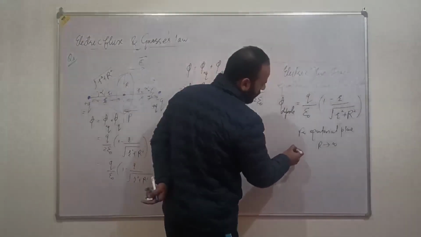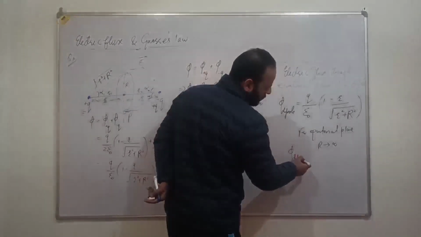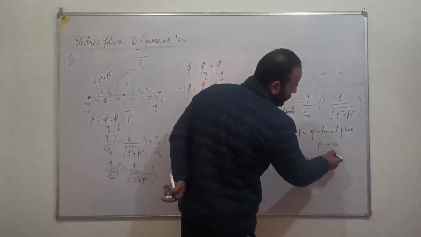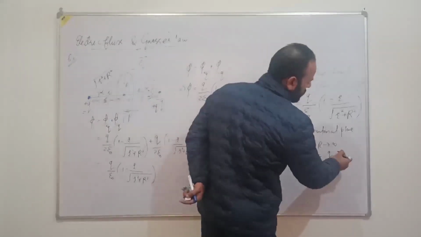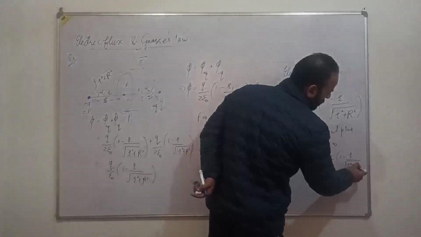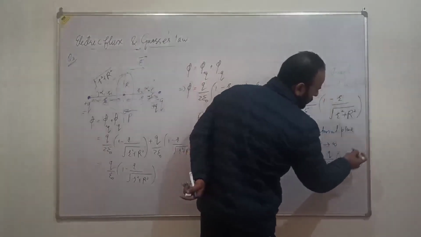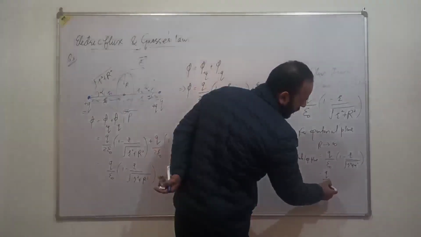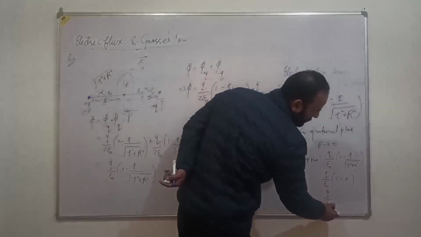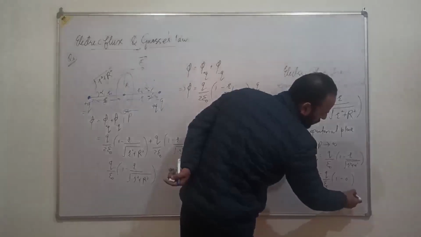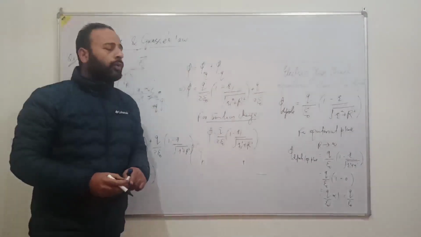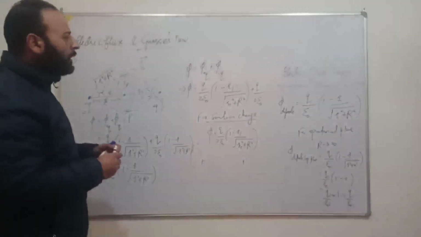So the flux for the dipole through the equatorial plane is equal to Q divided by epsilon naught, times 1 minus 0. Then what we get is Q divided by epsilon naught multiplied by 1, that is Q divided by epsilon naught, right?